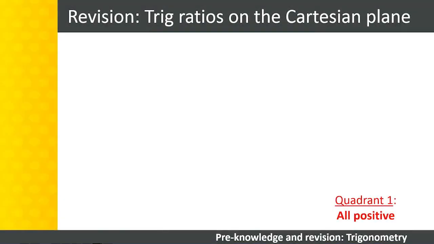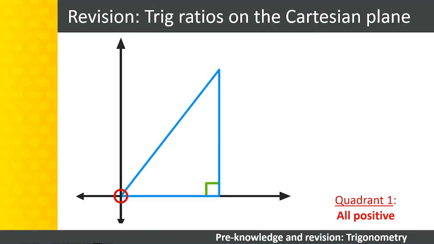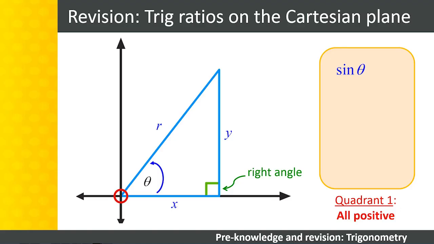Students also need to know the trig ratios on the Cartesian plane. Remind students that on the Cartesian plane, we always measure theta from the x-axis in an anti-clockwise direction. Then, the length of the opposite side is y, the length of the adjacent side is x, and the hypotenuse is represented by r.